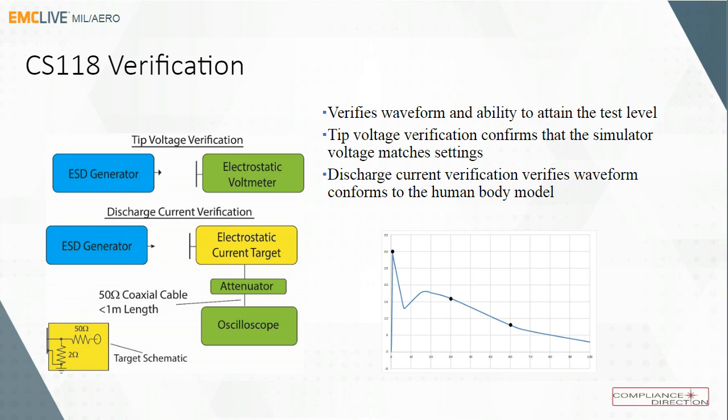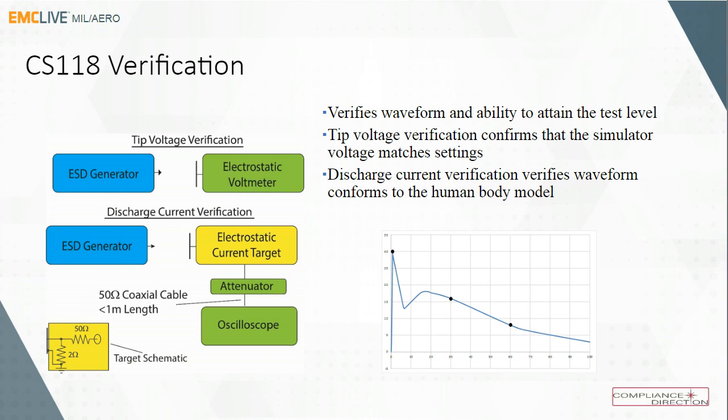The discharge current waveform is a test that's done to a target with a contact discharge test method. It verifies the waveform conforms to the established human body model. The CS118 human body model is based on having a body capacitance of 150 picofarad and resistance of 330 ohms. And so it creates the waveform as we saw there.